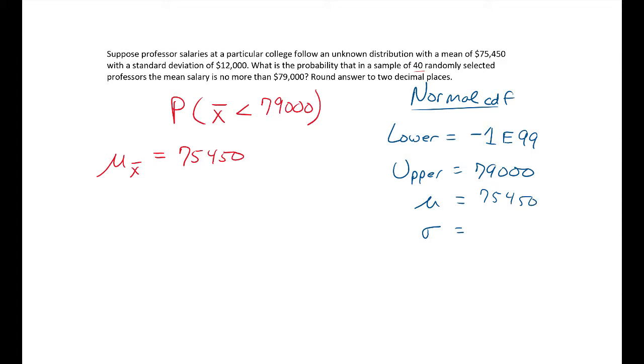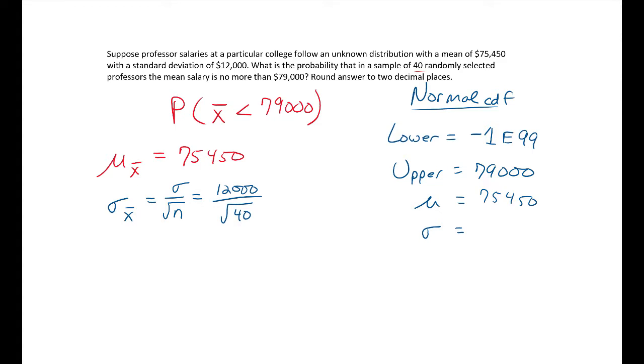For the standard deviation, you can't just use the standard deviation that's given to us because it's a sampling distribution. We have to scale it: you take your population standard deviation and divide it by the square root of your sample size. So we're going to take $12,000, our population standard deviation, and divide it by the square root of 40, the number of professors in our sample.